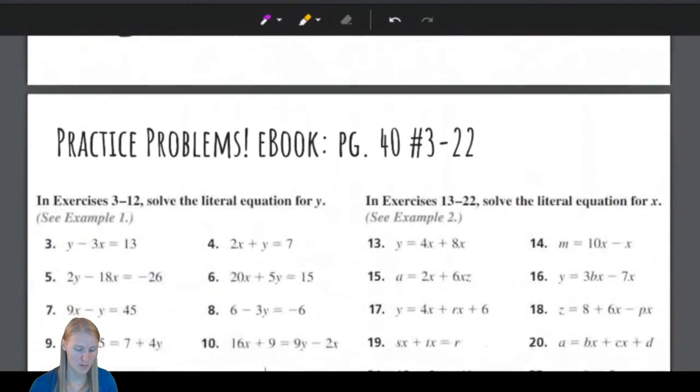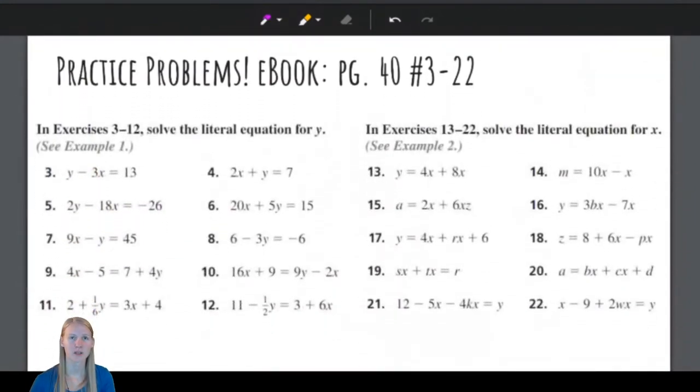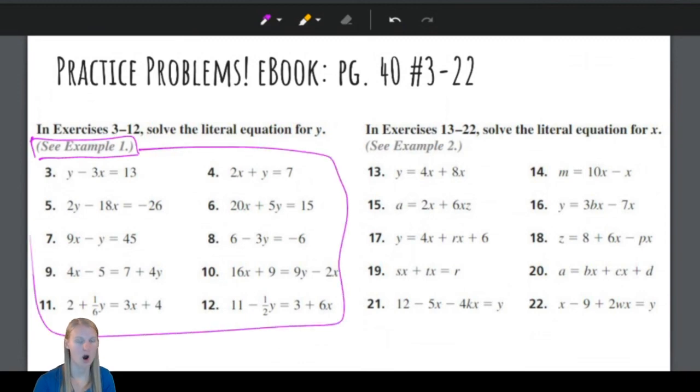And if you want more practice problems, I know this looks like a lot. There are 20 problems on this screen. These are not necessarily the questions that your teacher has assigned, but they will help you. Remember, it says see example 1 right here. That means that all of these problems are like the first example we did. And here it says see example 2.